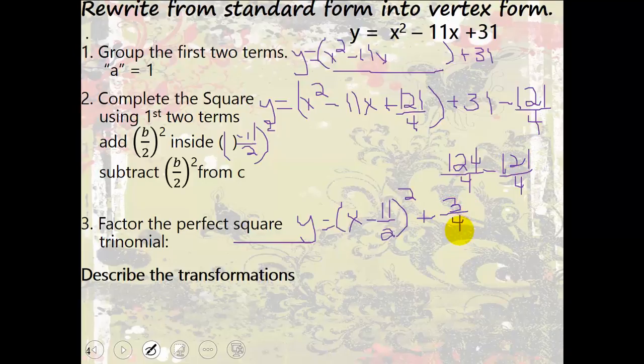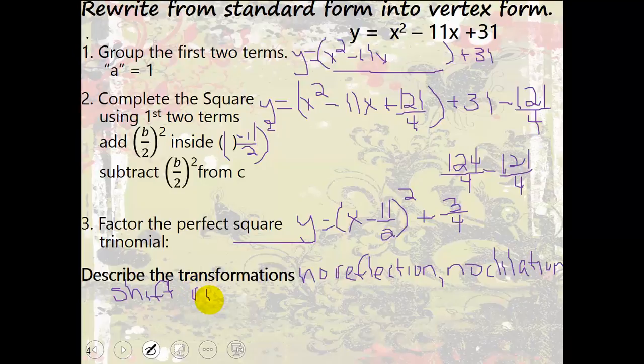There isn't a negative out in front, so it's no reflection. A is 1, so there's no dilation. I'm shifted right 11 halves. I'm shifted up 3/4.